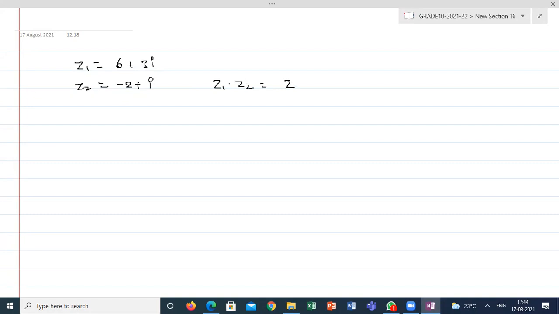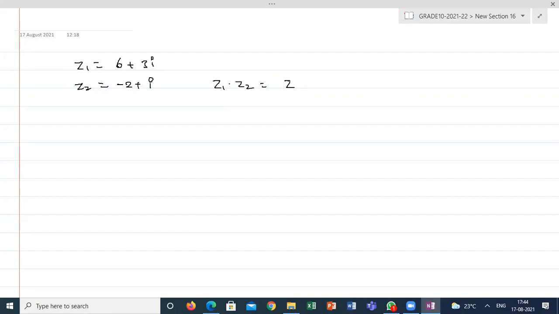So the product of two complex numbers is a closure property, because the product of two complex numbers again gives one more complex number. One property I discussed. The product order might be anything, Z1 into Z2 or Z2 into Z1, both are the same. So it is the commutative property. The multiplication of two complex numbers follows commutativity also. Some other properties we will discuss. Just find Z1 into Z2 and tell me what Z value you are getting, please.